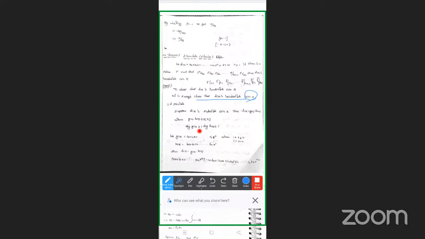This is because of the definition of a reducible polynomial: a polynomial f is said to be reducible if f can be expressed as a product of two polynomials g and h, each of degree at least 1.